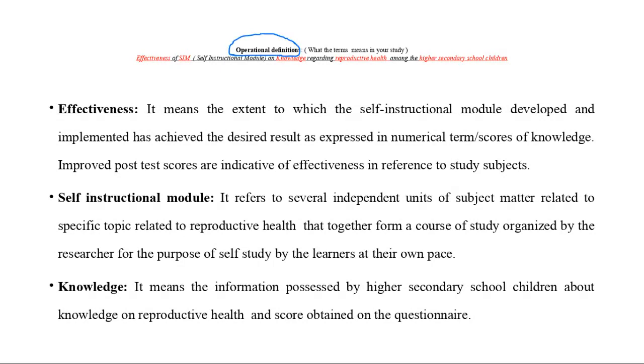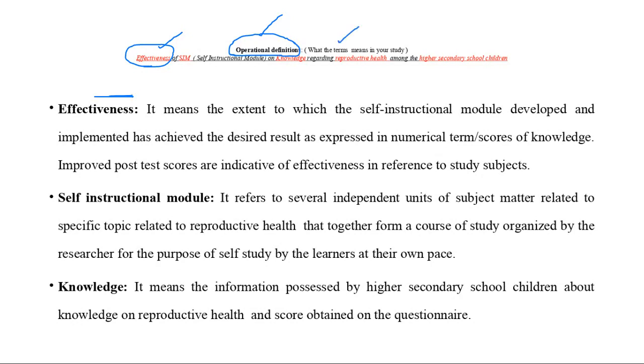What is this operational definition? We will have certain terms used in our title. An operational definition is what the term means in the study that I am doing, or that you are doing.